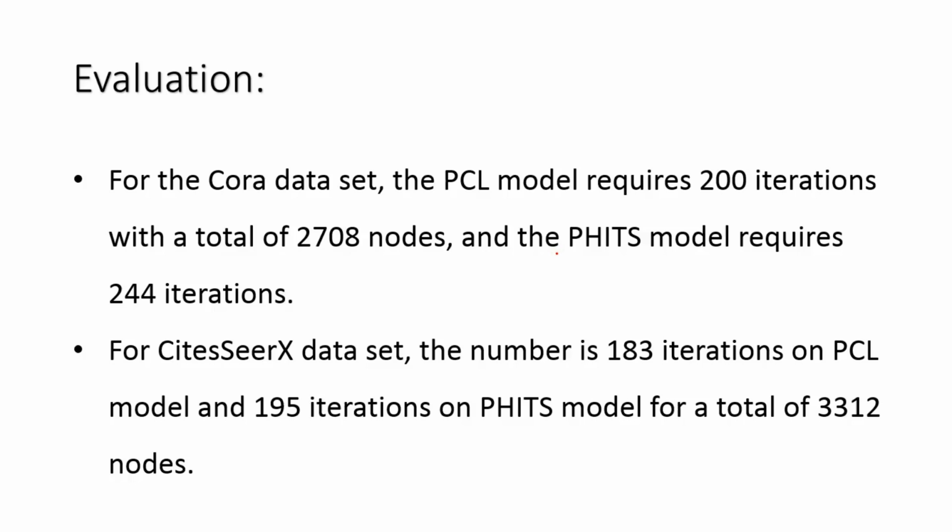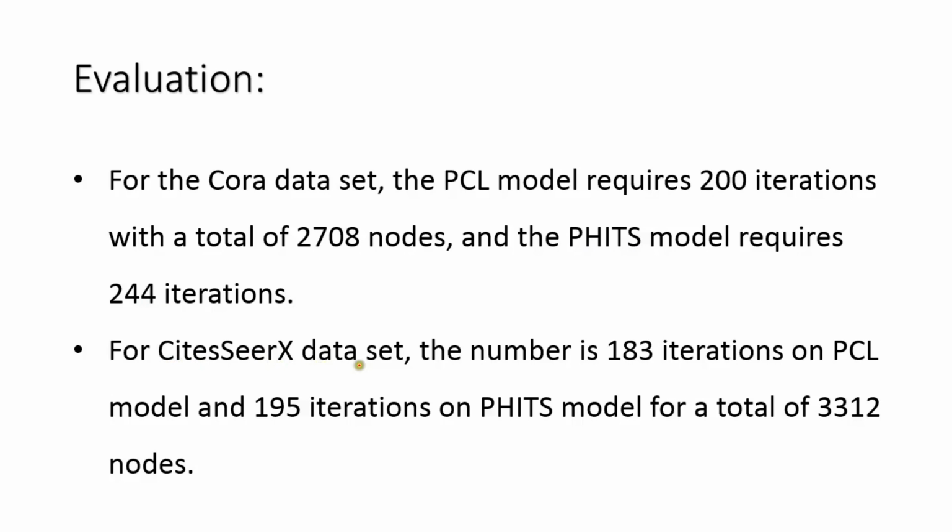Another aspect is the computation process. For the Cora dataset, the PCL model requires 200 iterations with a total of 2,708 nodes. And as we see, the PHITS model requires 244 iterations.